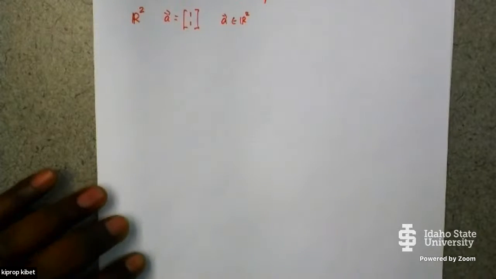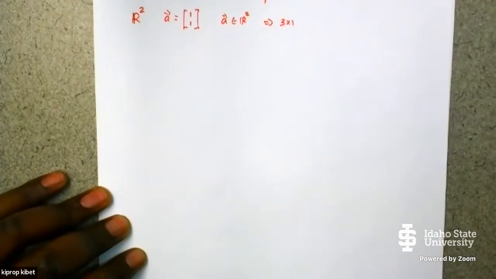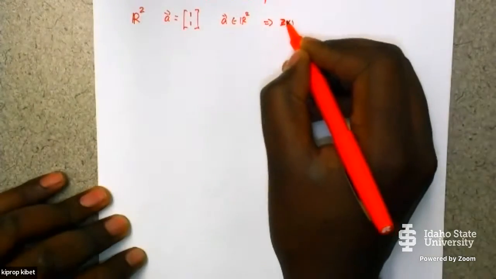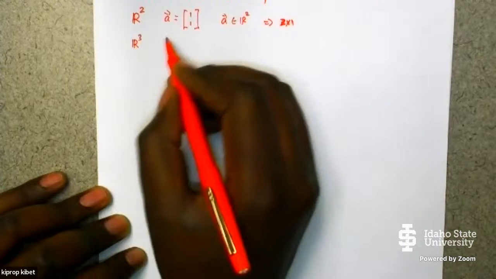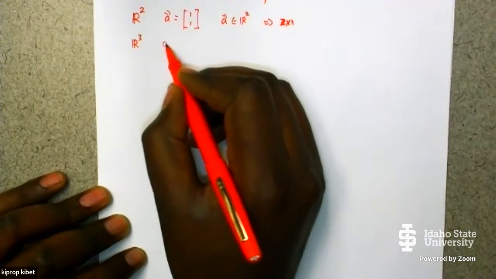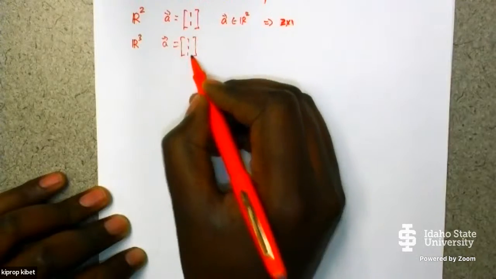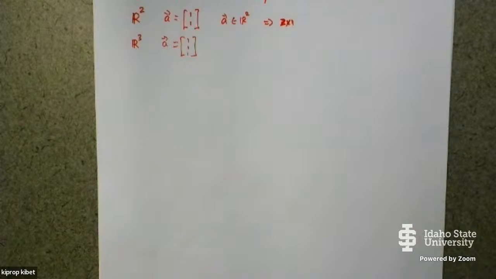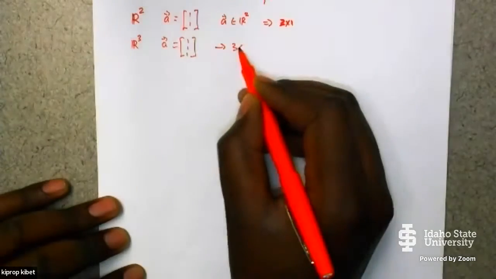Now, if we have three of them, it means this is like 3 by 1. So it is like, no, sorry, 2 by 1. If we have three entries, let's say the vector A is equal to 1, 1, 1, then there are three entries there. So this is actually 3 by 1.